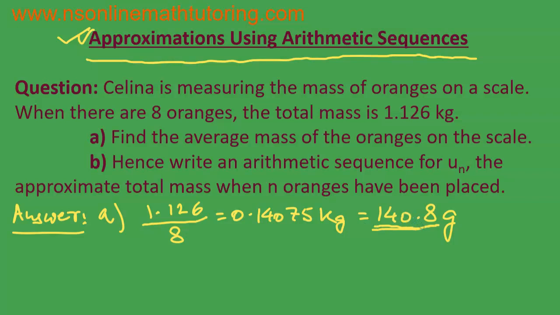So the common difference will be equal to 0. If I write the masses of all the 8 oranges one by one as the first term, the second term and all, there will be 8 terms in that arithmetic sequence, and the common difference will be equal to 0. So that is what we are approximating. We are assuming that each one is having the same mass and it is equal to 140.8 grams. So this is the answer to our first subpart.